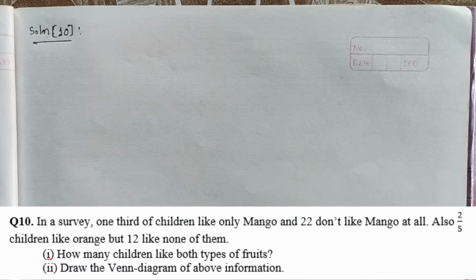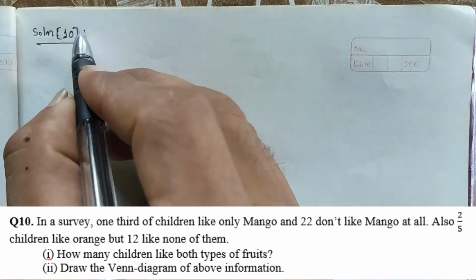Okay, so question number 10 is a little bit different and a little bit more difficult than all the previous questions up to 9. It is a little bit difficult, but not very difficult. Its difficulty level increases from 1 to 10.